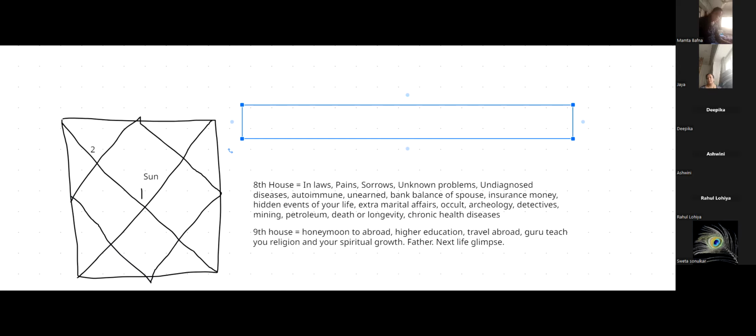Government issues or government jobs. Or if your 10th house is not very strong, then you will get administration jobs. So you could become like the CEO of your company, CEO, CTO, and all those CXOs. You will head basically the department or the company. Yes. This is your 10th house.